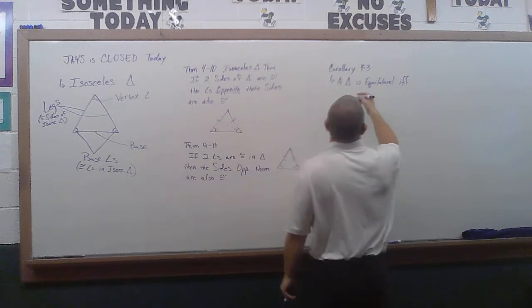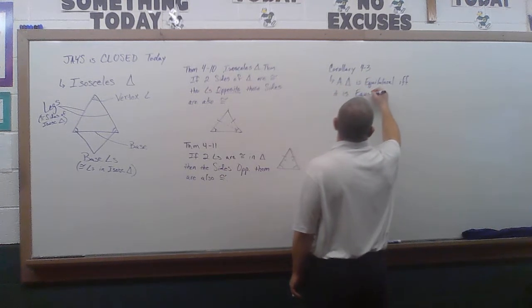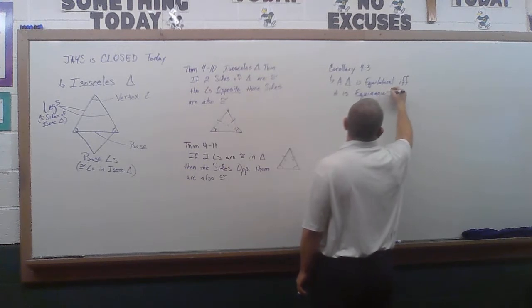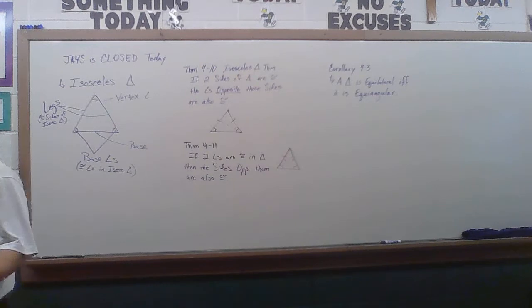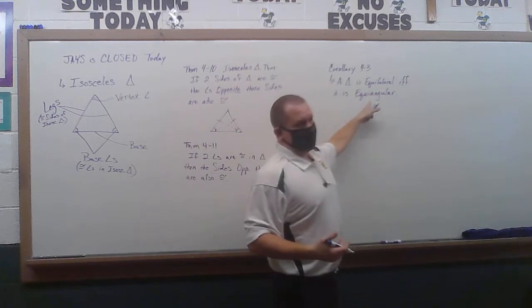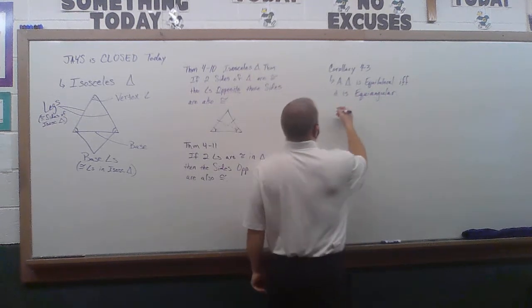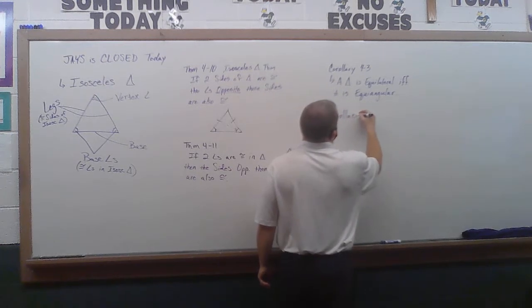If and only if, it is equiangular. What does it mean by equiangular? It just means that all the angles are the same, right? So if all the sides, then all the angles. And then hopefully that was pretty self-explanatory.